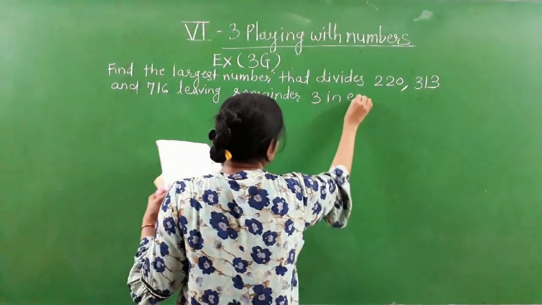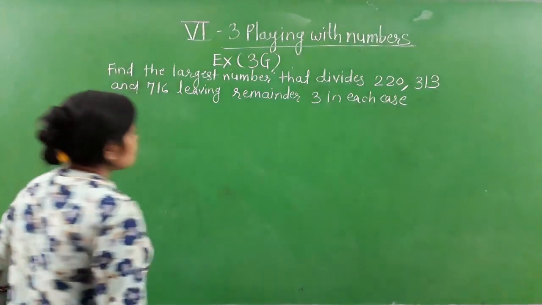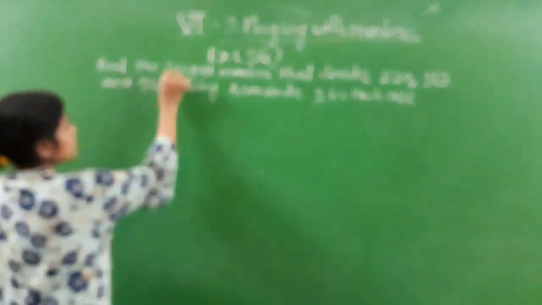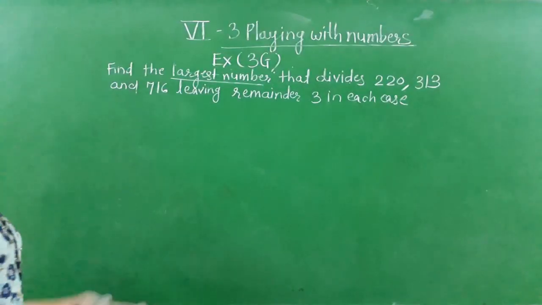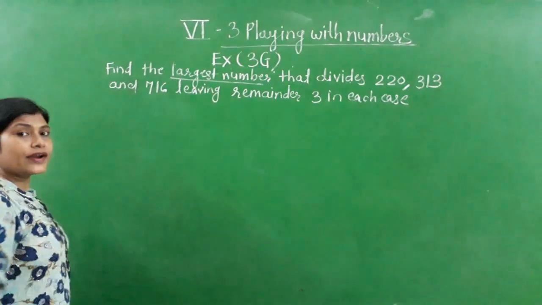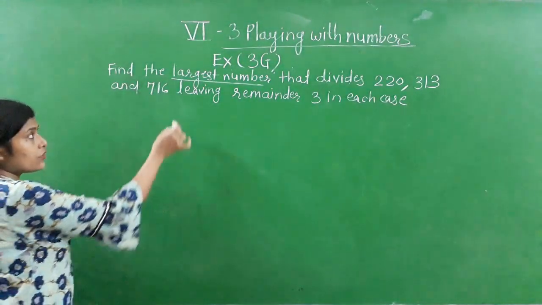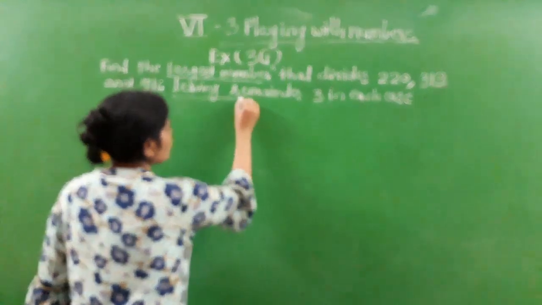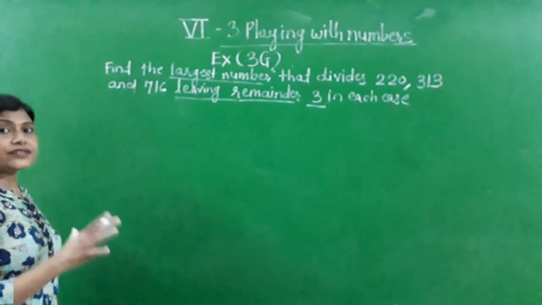Okay. So here it is asked to find the largest number for these three numbers. So by this we can understand we need to find out the HCF. Okay. HCF. What is the condition given here? Leaving remainder 3. In each case the remainder is 3.